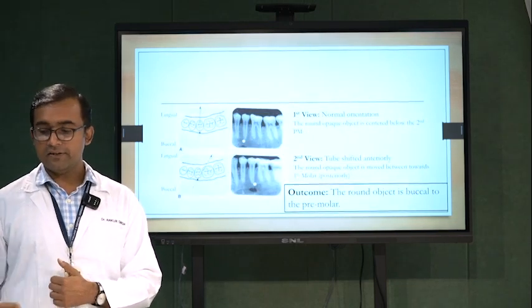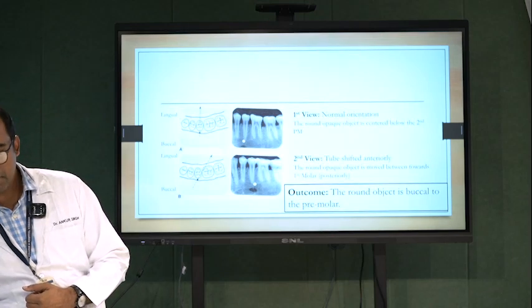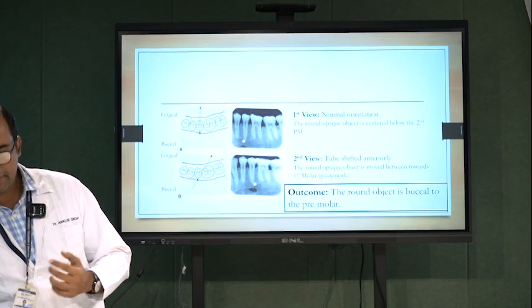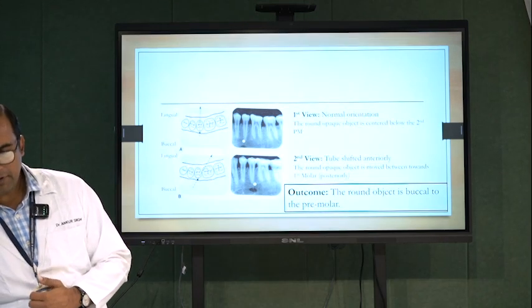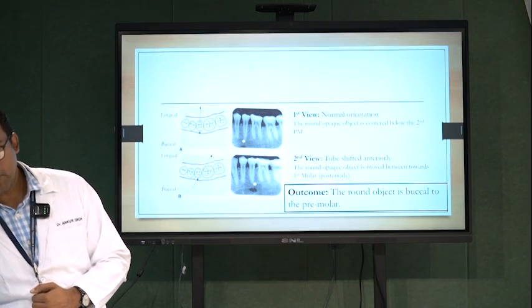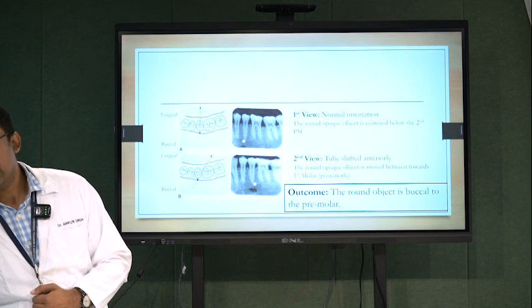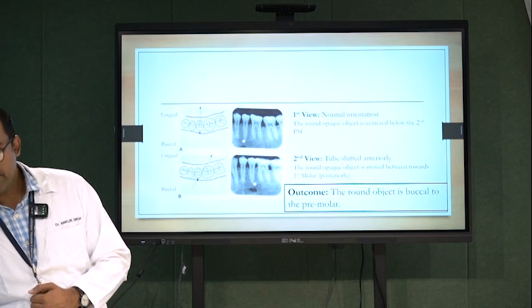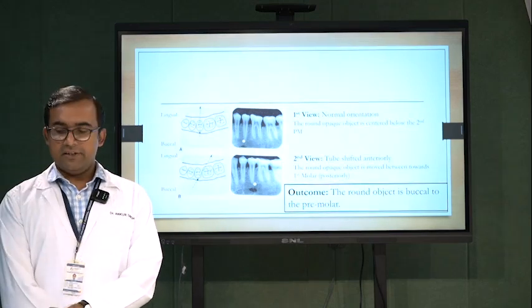In the second situation, the object was placed in the buccal aspect, whereas earlier it was placed in the lingual aspect. The same IOPA is performed, and it is still present periapical to the tooth. Now we again shifted the tube mesially.